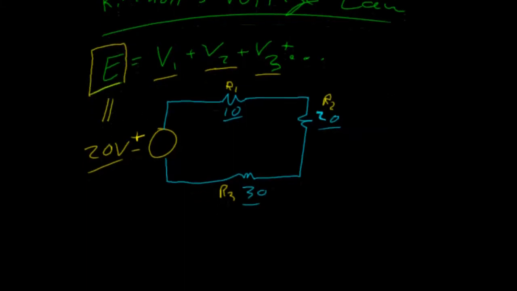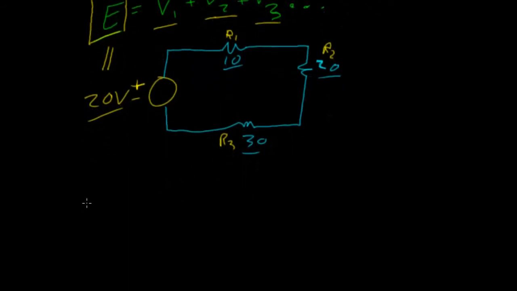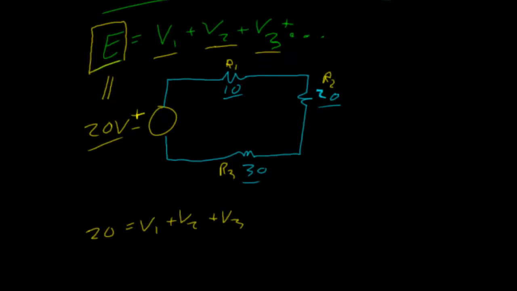So why don't we figure that out? 20 volts is going to equal V1 plus V2 plus V3. Okay. Do we know V1, V2, and V3 yet? No, not yet, but we can figure it out.